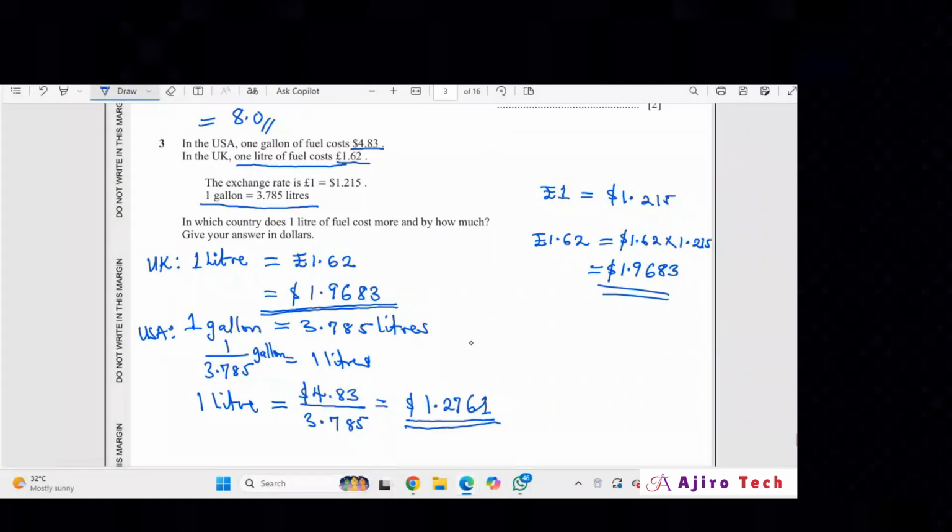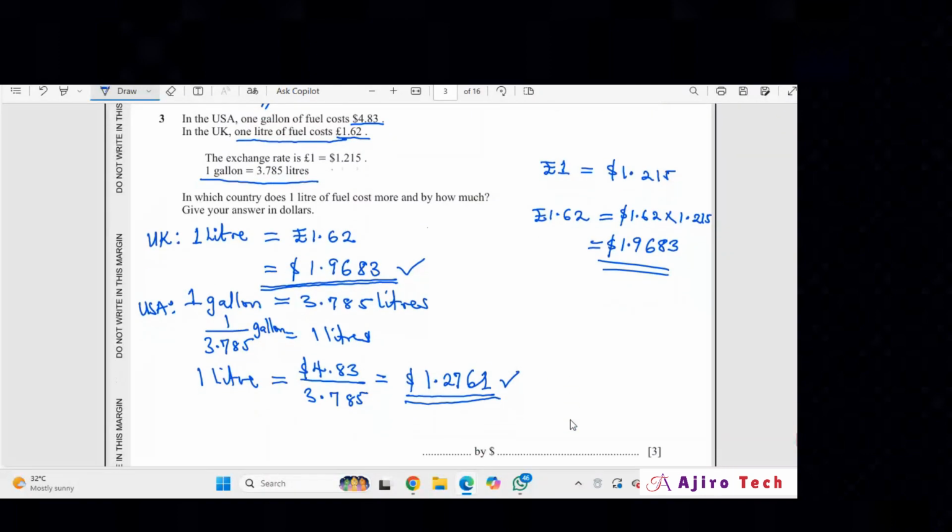So we should find in which country 1 liter of fuel costs more. If you compare these two answers we have gotten here, in which country does it cost more? In the UK. So first, what you put here is that it costs more in the UK.